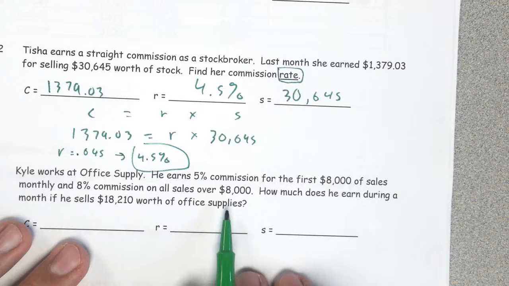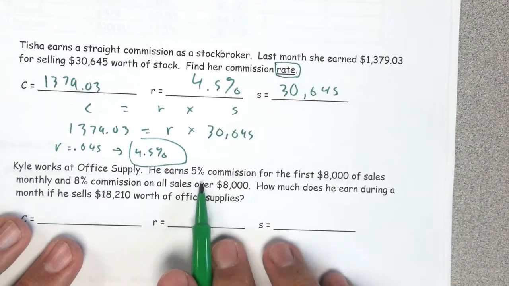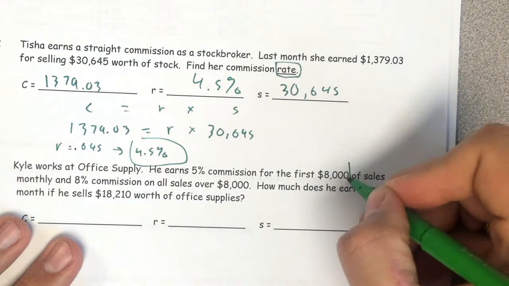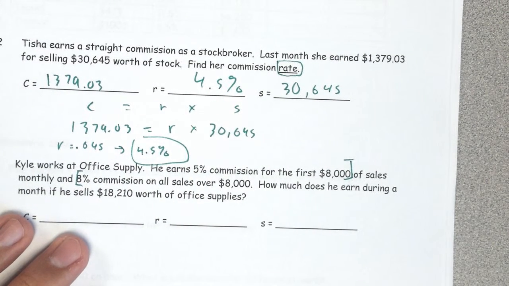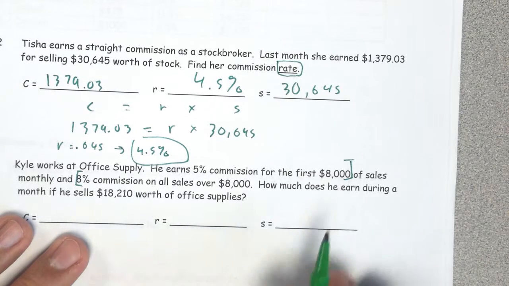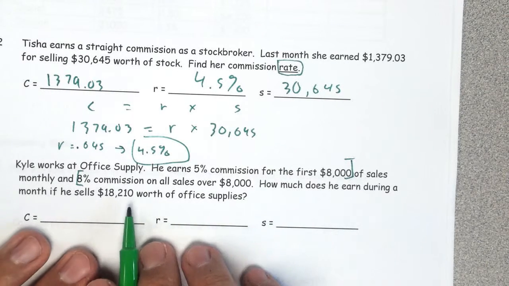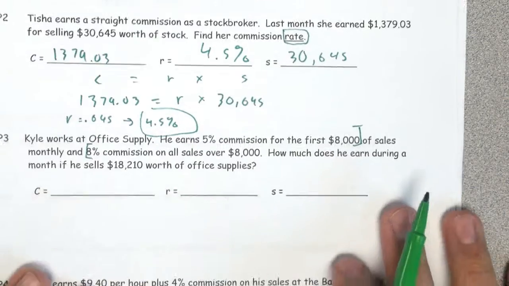Number 3, 5% on the first $8,000 and 8% on anything over $8,000. How much does he earn during a month if he sells $18,210?